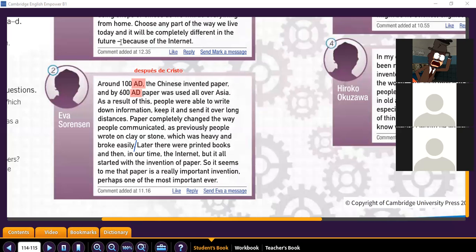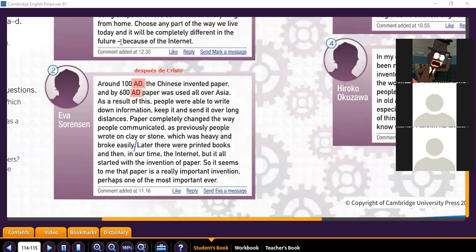So, around 100 AD, alrededor de 100 años después de Cristo, the Chinese invented paper. ¿Sí? Es decir, que los chinos inventaron el papel. And by the 600 years AD, paper was used all over Asia, ¿no?